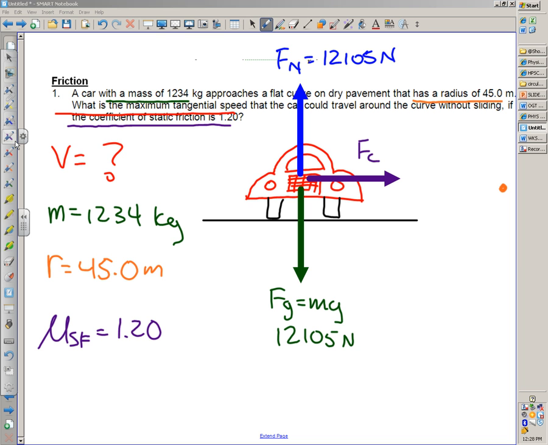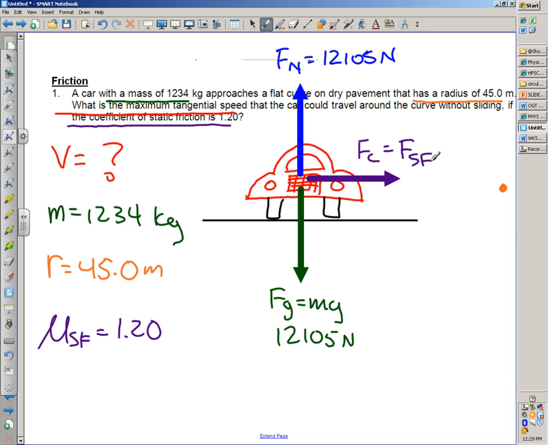But, that being the case, this purple arrow that we have labeled as F of C is also the force of static friction. There aren't two arrows there. It's the same arrow.